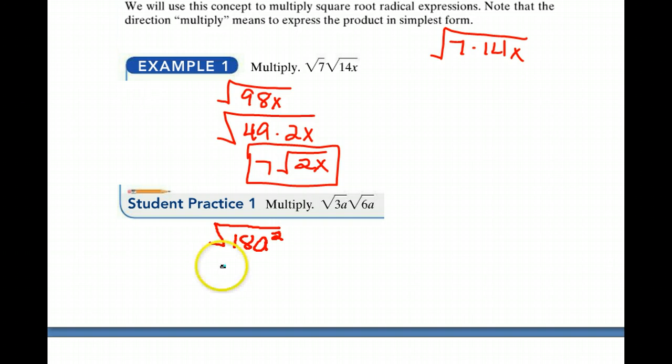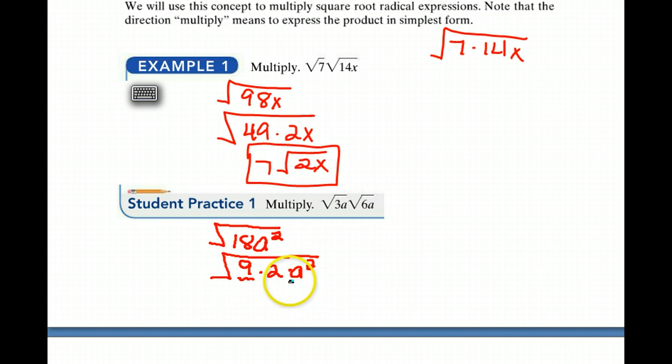At this point, we want to try to break our 18 into factors that will multiply to 18, but we want one of them to be a perfect square. So if we do 9 times 2 times a squared, that shows us that the 9 is a perfect square.